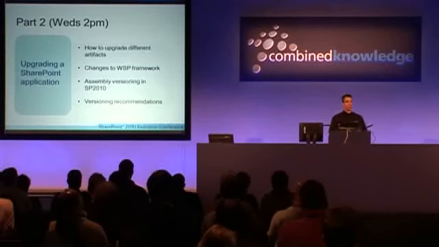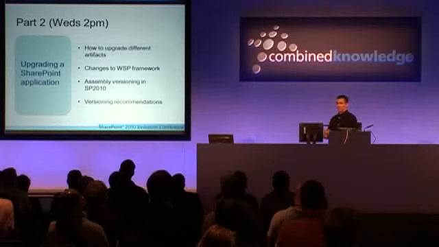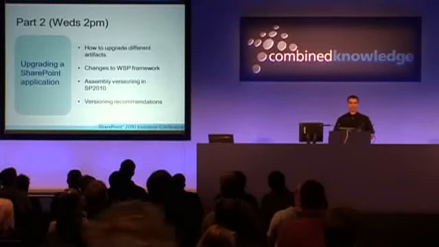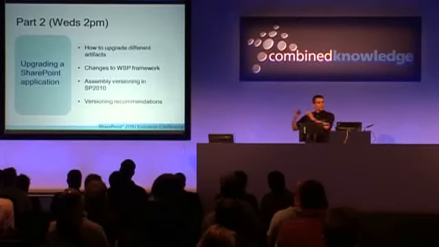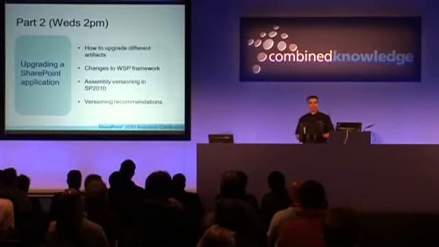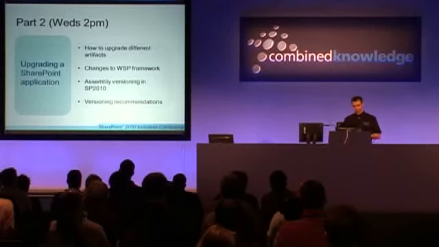So we'll take a look at all the artifacts in SharePoint and think about exactly what we would need to do if we need to change a list instance or a list definition that's already in use. So after today's focus on features, tomorrow we start to think about solutions, and we think about changes there, and what's new in the WSP framework, and how that might help us as developers.